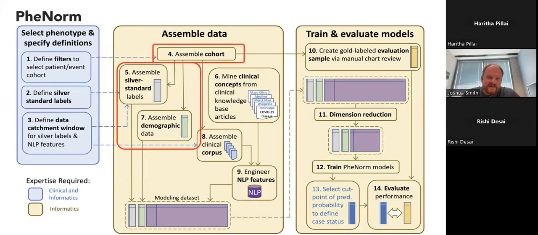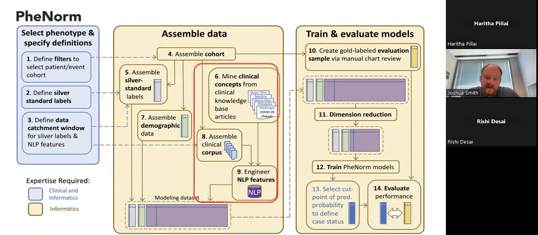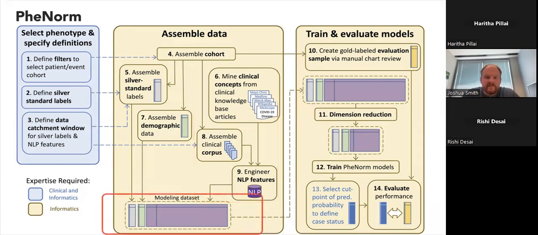And then you assemble also demographic data for all the patients in the cohort, and that gets put into your modeling data set. At the same time, we will also mine those clinical concepts from the knowledge base articles that I showed you earlier to create our data dictionary, our features that we're going to use to predict the disease. We then assemble the final corpus, extract the features using NLP, and we have our modeling data set.